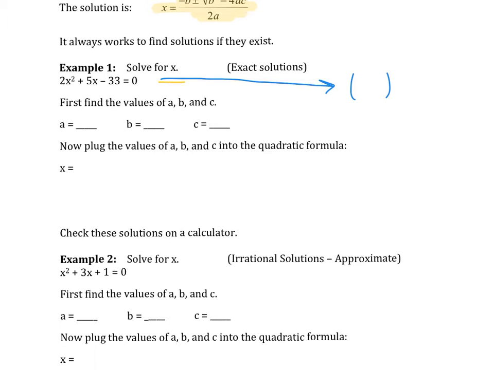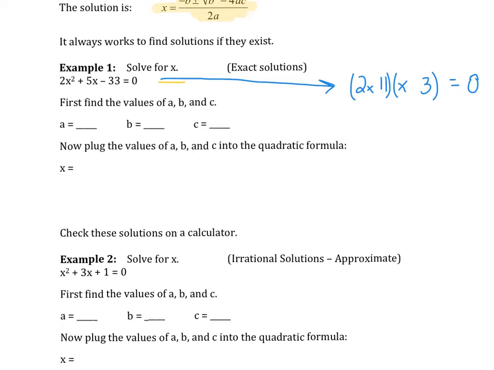Let's see. I could try factoring 2x squared plus 5x minus 33 by, the first two numbers here would be 2x and x. 33, what multiplies to 33? 11 and 3. Oh, well, what if I put a 3 here and an 11 here?